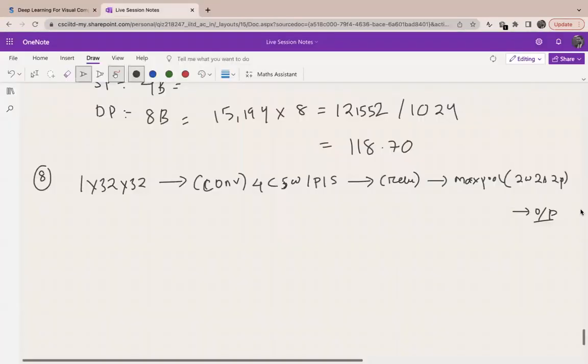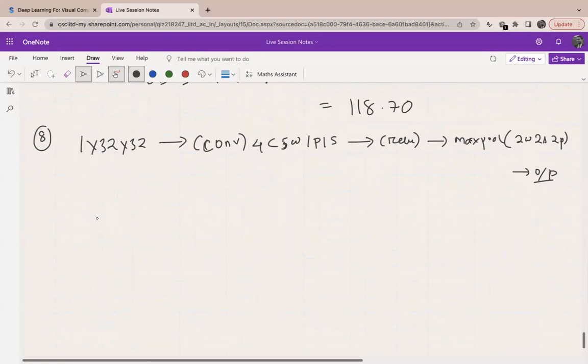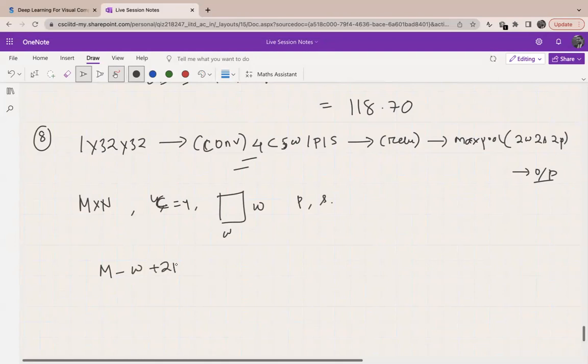Okay. So starting with this, we have the formula that if the input image is of size M cross N and the number of channels is C, here it is 4, and size of filter is W cross W, padding is P and stride is S, then the output would be (M minus W plus 2P) by S plus 1, right?